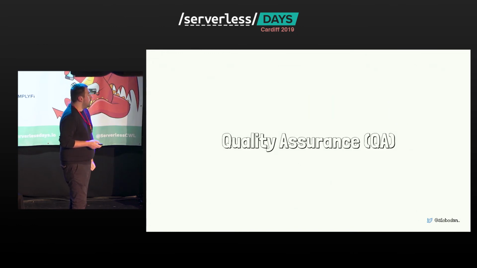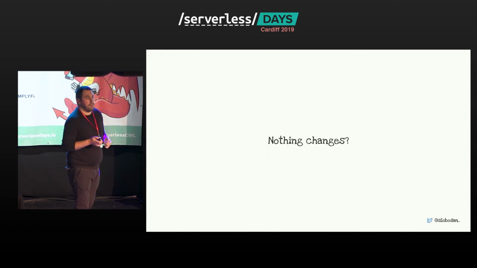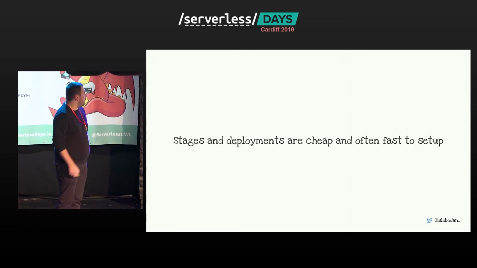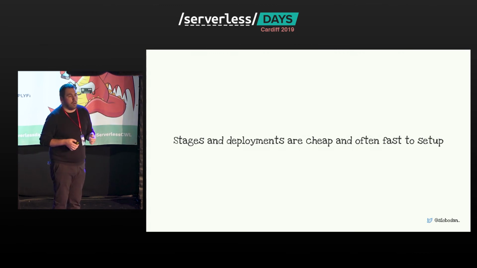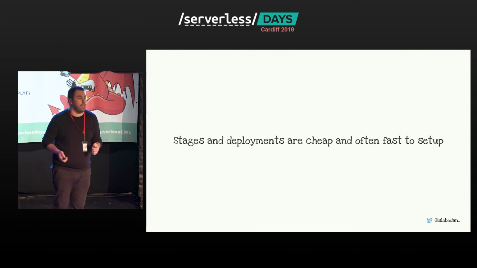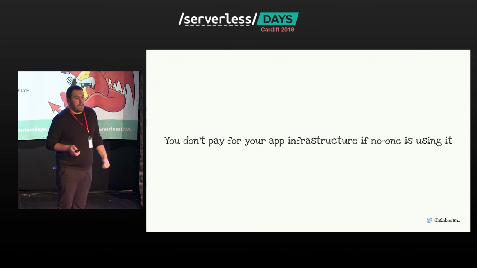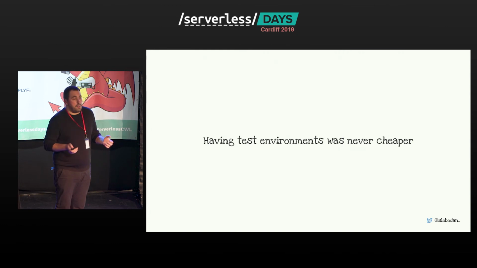And how does serverless affect that? Probably there's no big benefits, but let's think about that. So as I said, stages and deployments are cheap and often really fast to set up, much faster than they were before. And you don't pay for infrastructure that no one is using. So technically, you can have as many environments as you want.